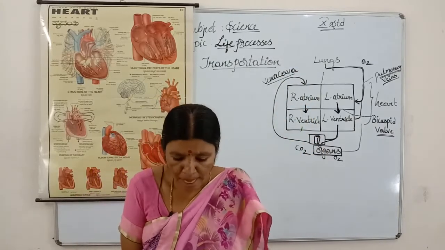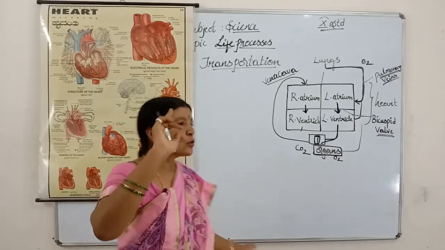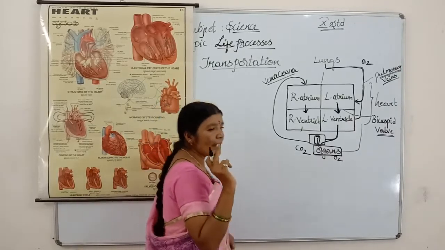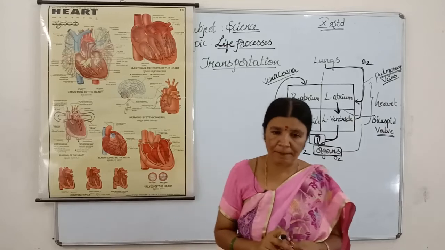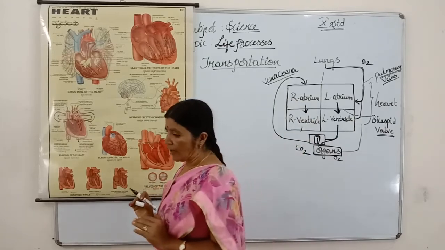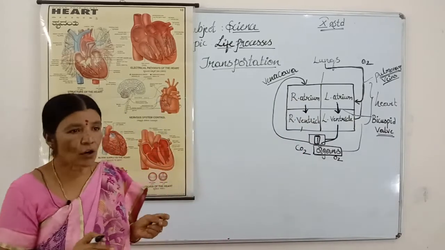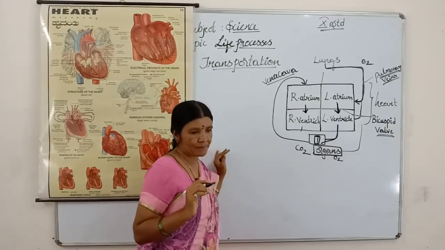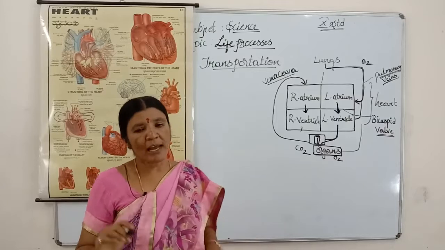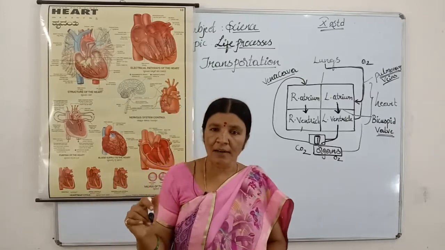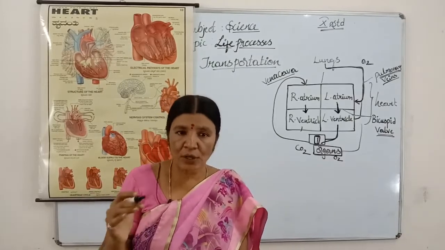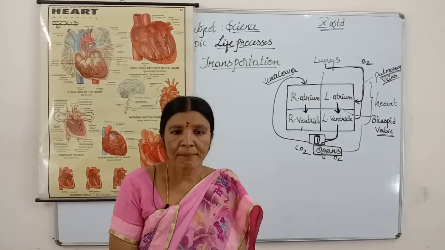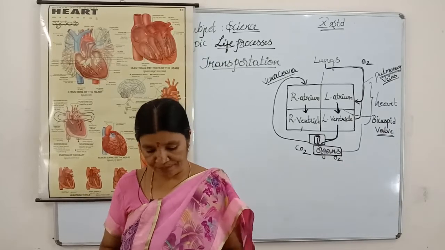We have the superior vena cava and the inferior vena cava. The superior vena cava collects deoxygenated blood from the upper parts of the body, and the inferior vena cava carries deoxygenated blood from the lower parts of the body.